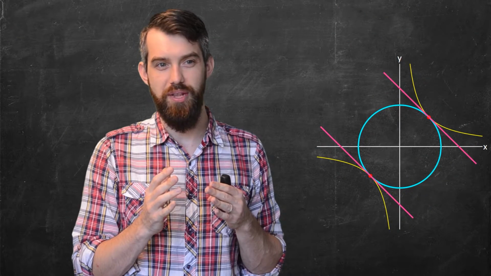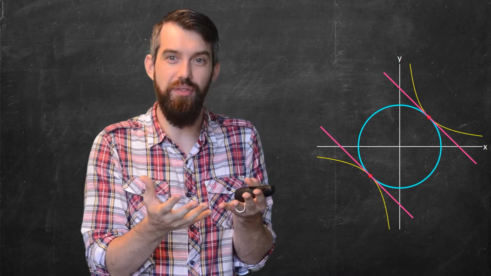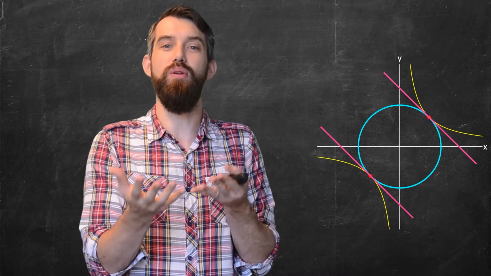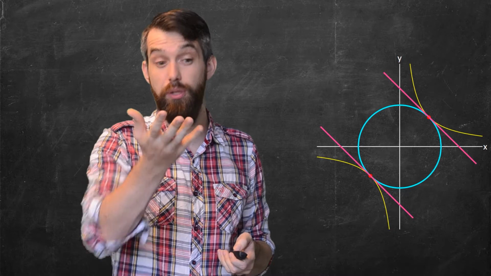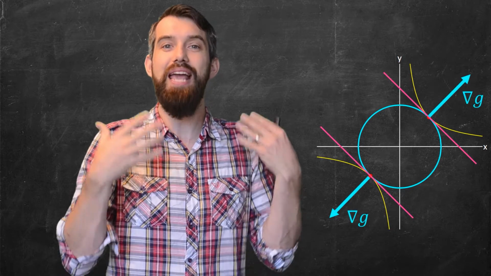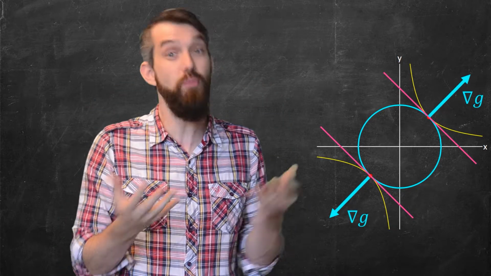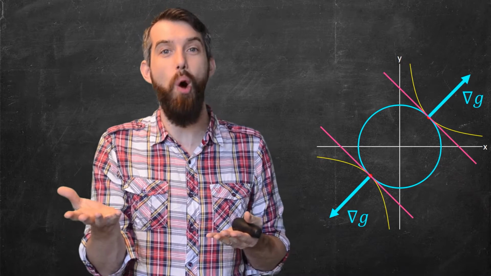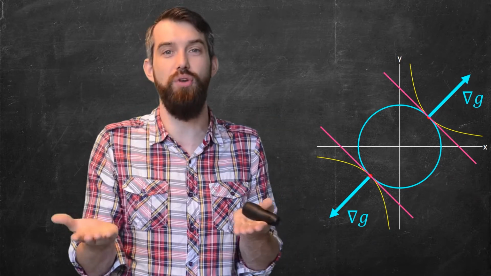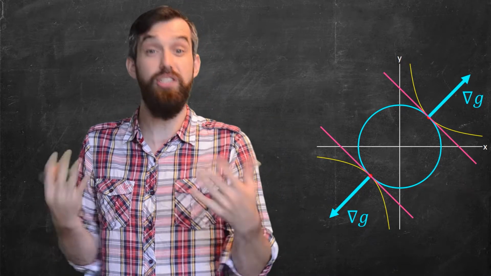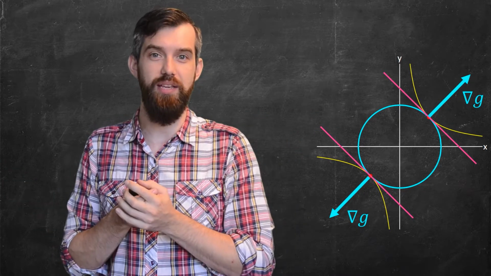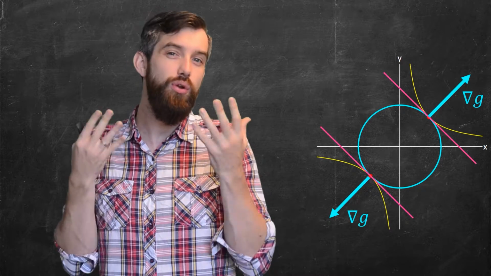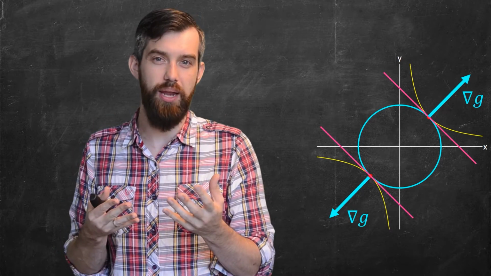And what I want to notice is if they share a tangent line, then their normals are also related. For example, let me look at the constraint, the blue circle here. There is a normal to that curve, and you may recall that the gradient vector always is normal to a level curve. So at these two points, the gradient of g is normal to the particular level curve, and indeed it's normal to this particular tangent line.